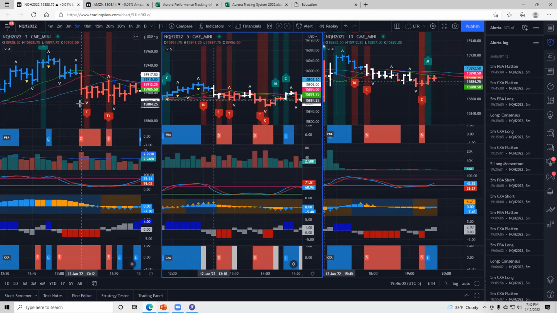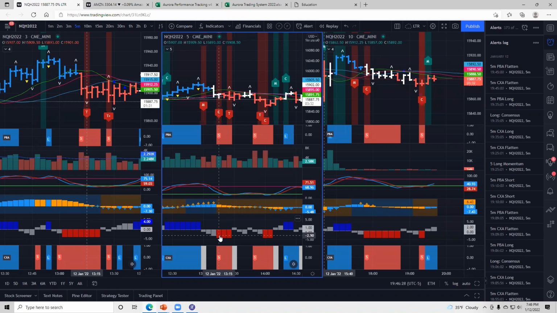So the 112 was a valid PB3. 115 was the alignment now between the 3-minute and the 5-minute. In this case, the 115 bar printed on both the 3-minute and the 5-minute at the open of the bar. So you have a valid PB35 trade right there to go short.